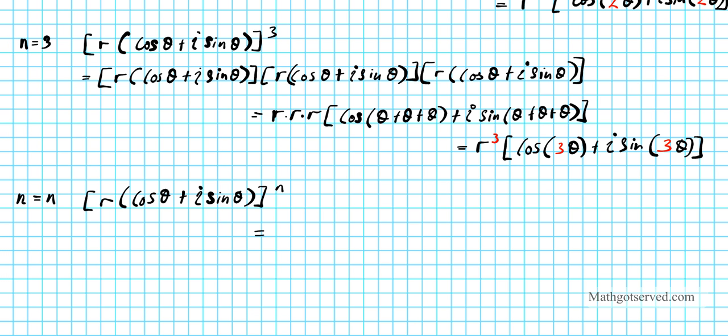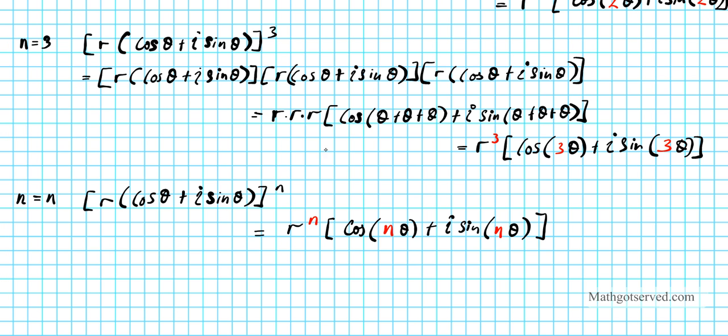So it's going to become r to the nth power. Just as the 3 showed up as a power here, the n shows up as a power of r, and then it also becomes the multiple of the angle. So cosine n theta plus i sine n theta. Consistent with all the patterns that we saw.